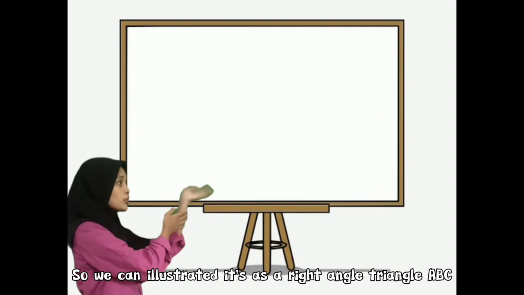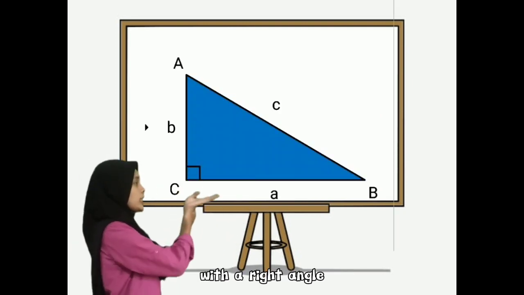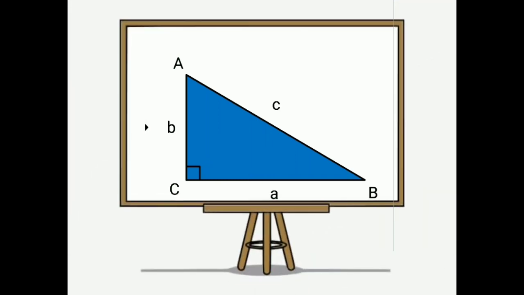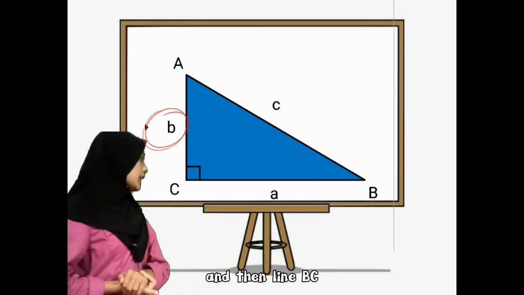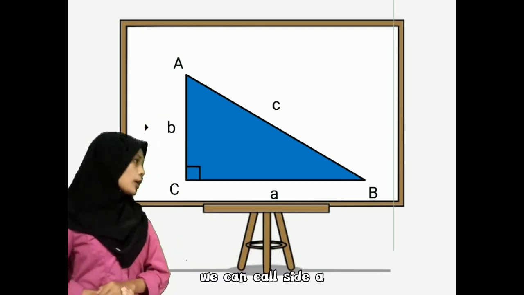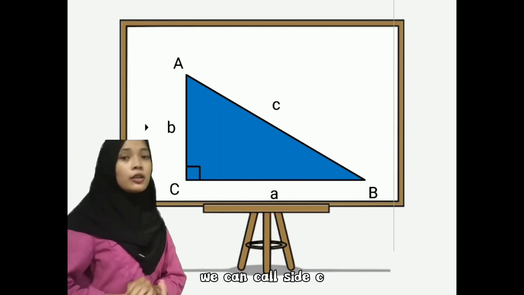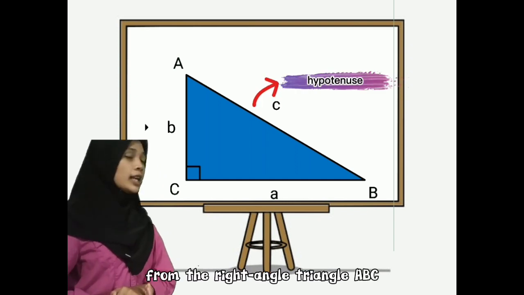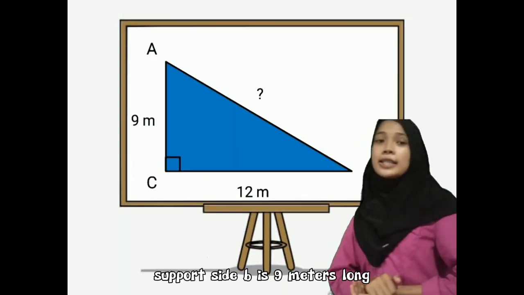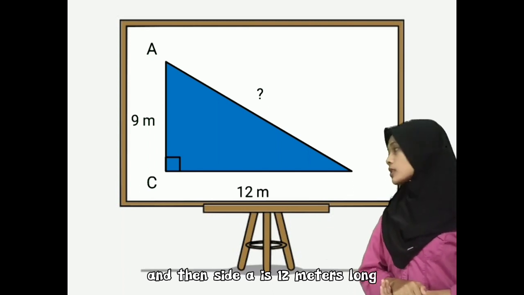So, we can illustrate it as a right angle triangle ABC with a right angle at point C. Line AC we call side B, line BC we call side A, and line AB we call side C. Side C is the hypotenuse of the right triangle ABC. Suppose side B is 9 meters long and side A is 12 meters long.